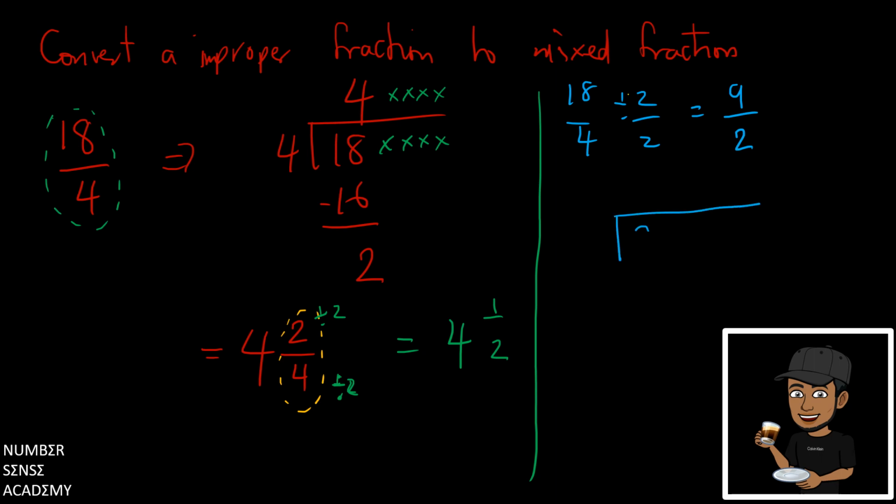So now I have 9 divided by 2. 2 goes into 9 4 times. 4 twos is 8. There's 1 left over. So now when I write this out, I got my whole number, which is 4, my numerator, which is 1, and then my divisor, which is 2. So I still end up with 4 and 1/2.